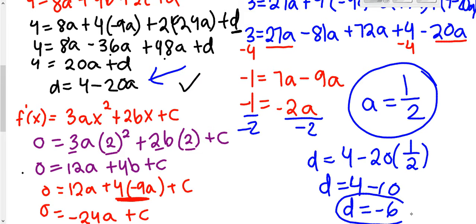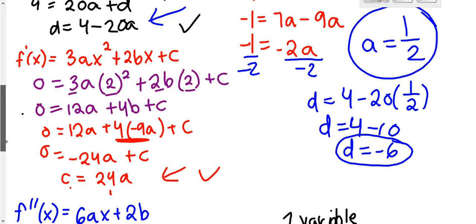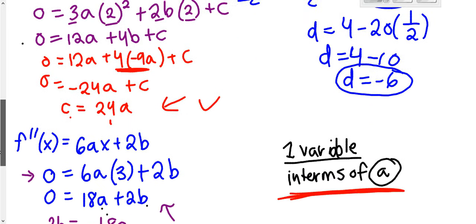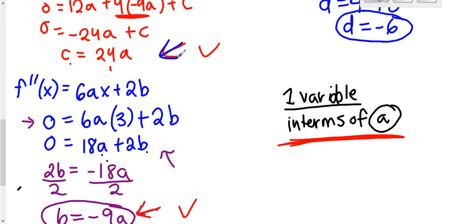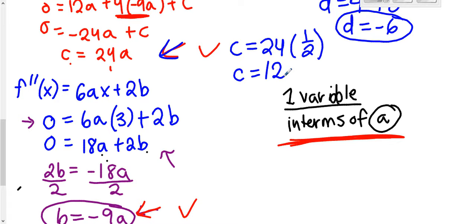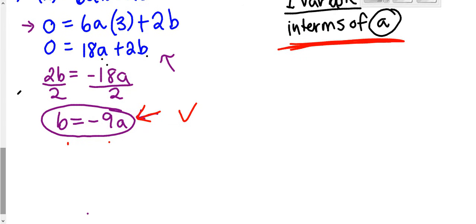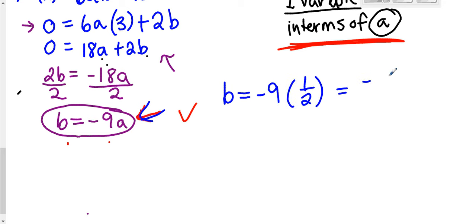That's nice. Then we can use our 1/2 and plug it in for C. C is 24 times a. A is 1/2. C is 12. And here, B is negative 9 times a. A is 1/2. So we have negative 9/2.